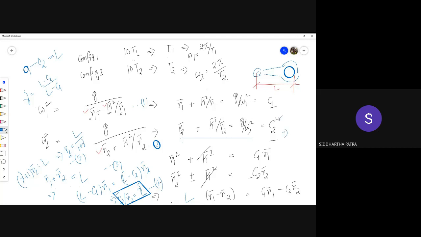So this C2 is a known quantity, R2 bar is a known quantity. I can get kappa bar squared as C2 R2 bar minus R2 bar squared, where C2 is basically the acceleration due to gravity divided by the second natural frequency squared, okay, which we have already calculated.